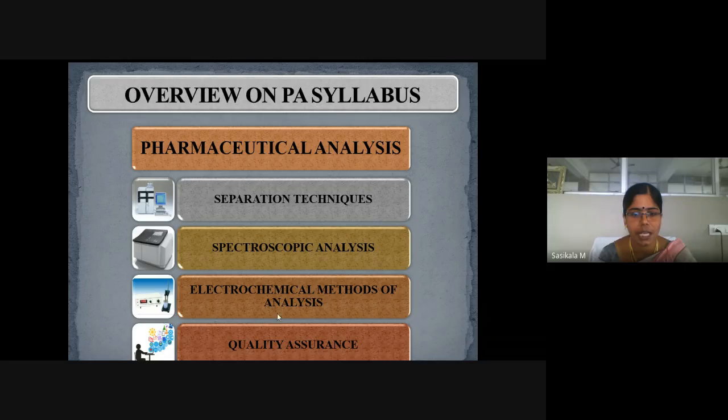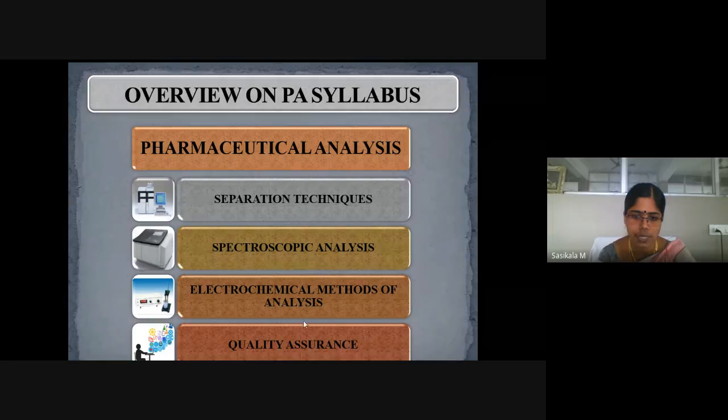Then electrochemical methods of analysis by means of using electrodes. There are various types of chemicals that are analyzed, and according to the nature of the chemical we will prefer different types of electrochemical techniques. So whatever we are going to study under this is called electrochemical methods of analysis. Then these cover quality control methods under pharmaceutical analysis.